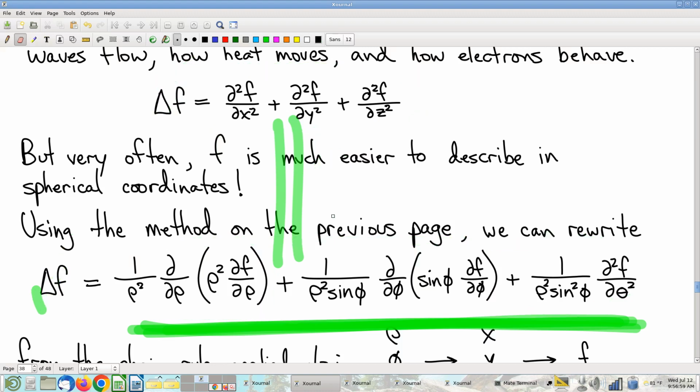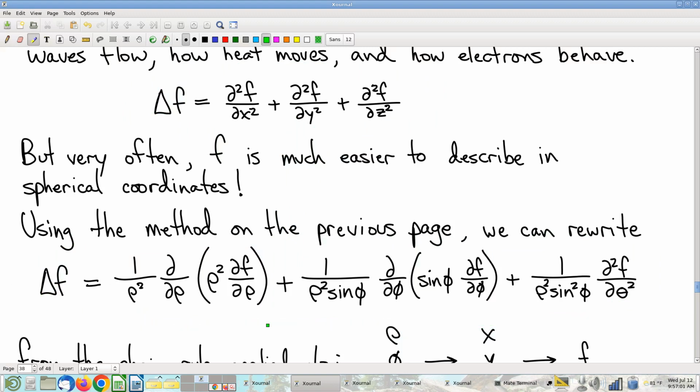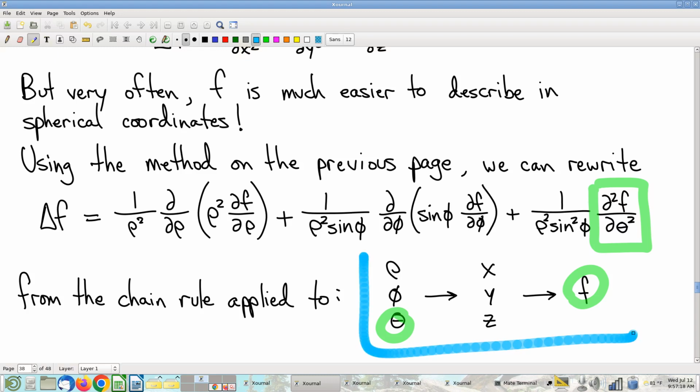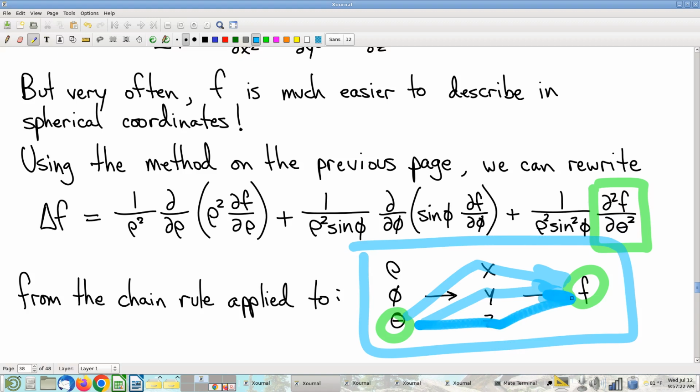Okay, first, how do I know that these things relate to each other? Well, I can compute, for example, a second partial of f with respect to theta by using this diagram, thinking about paths, computing a first partial, and then, as I did on the previous page, just keep going and compute a second partial.